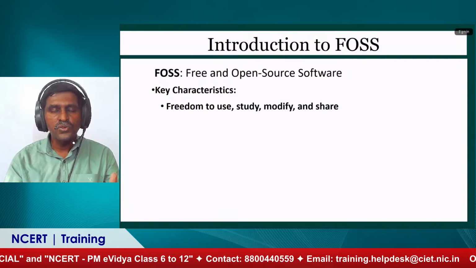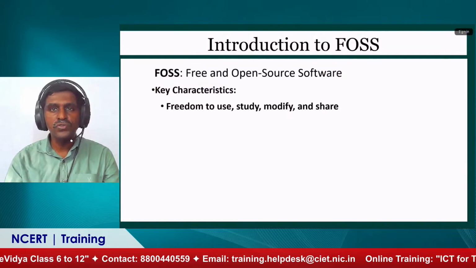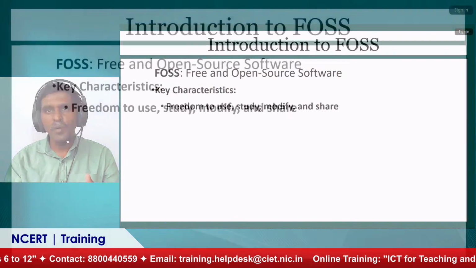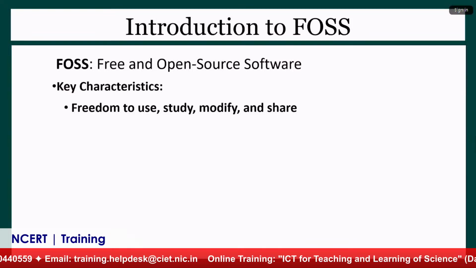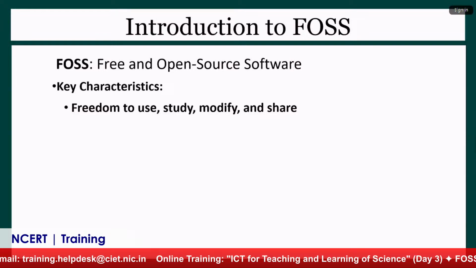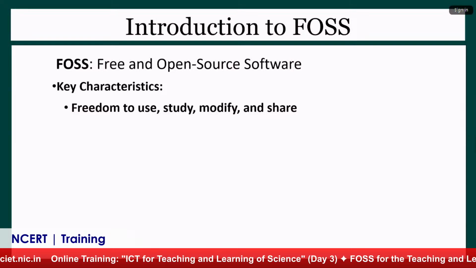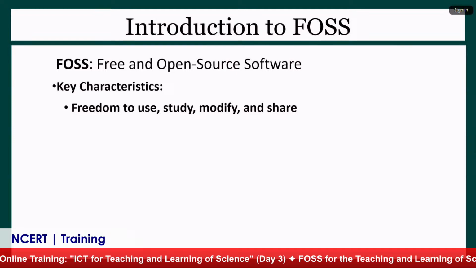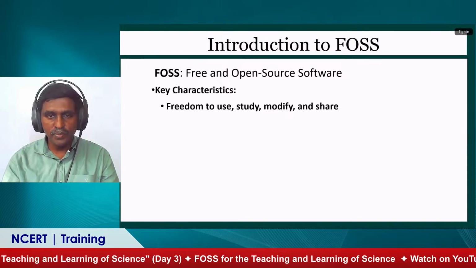But open source operating systems such as Linux, we can get the source code. If you have proper knowledge of software, then we can modify, reuse, and according to our school, we can modify that software and reuse that. That type of software is called free and open source software.